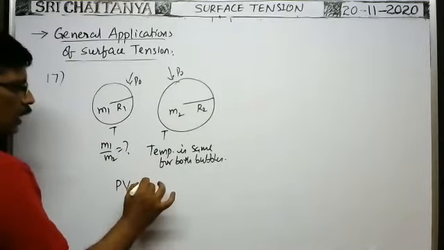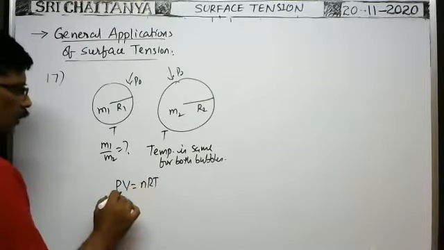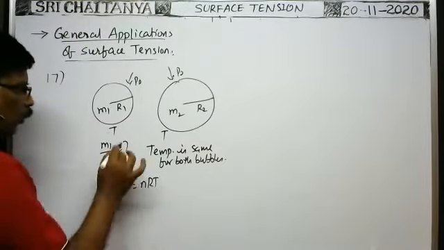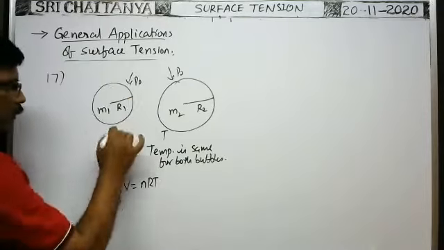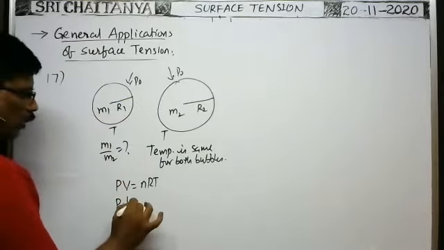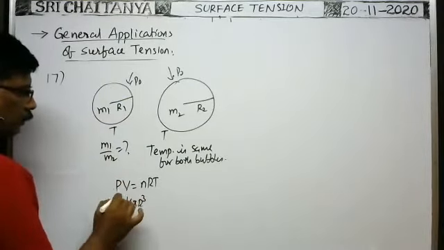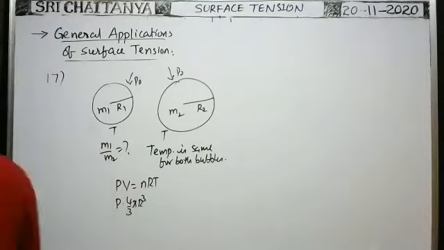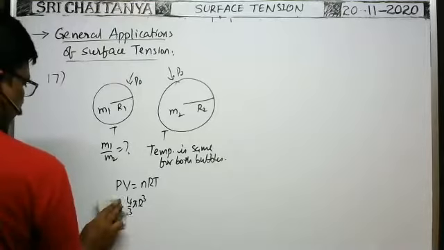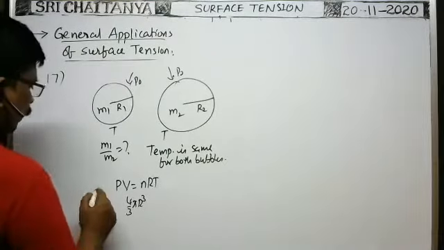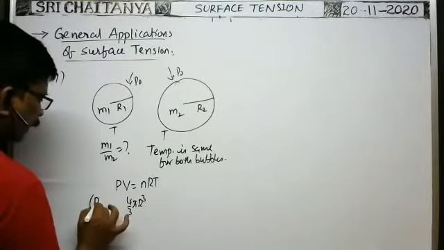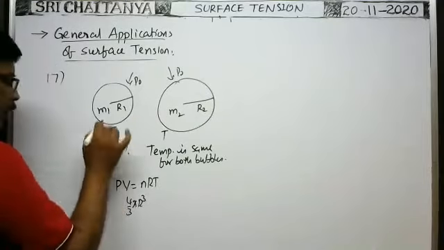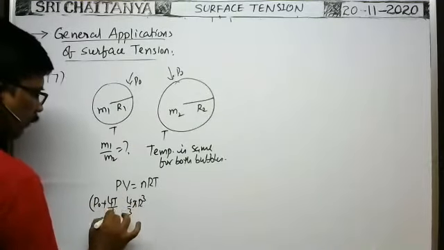The volume of the air inside the bubble is 4/3 pi R cube. What is the pressure inside the bubble? Pressure inside the bubble means atmospheric pressure P0 plus excess pressure 4T by radius of the bubble R.